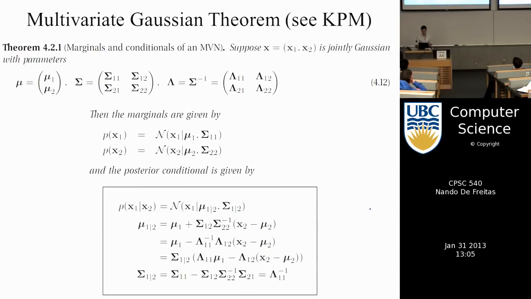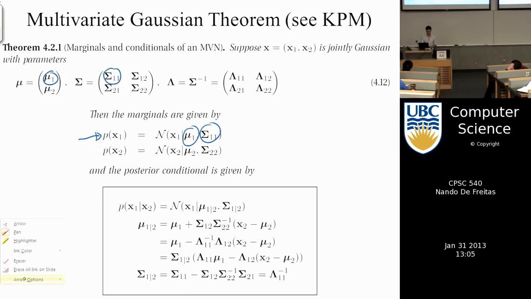Our theorem also tells us that when you look at the multivariate Gaussian that has this covariance sigma and mean mu, the marginal distribution for x1 just has mean mu 1 and variance sigma 1, 1. So to get the marginal for x1, you would just take the components mu 1 and sigma 1, 1.